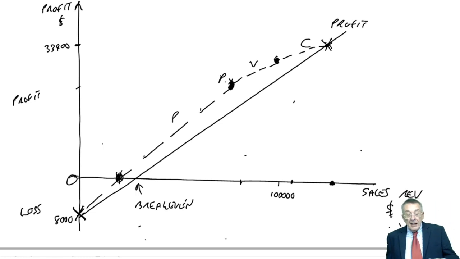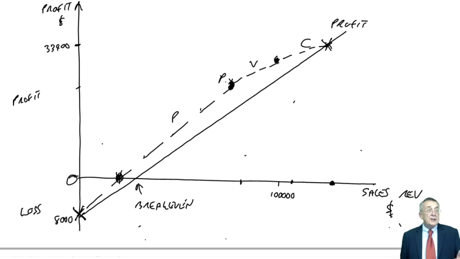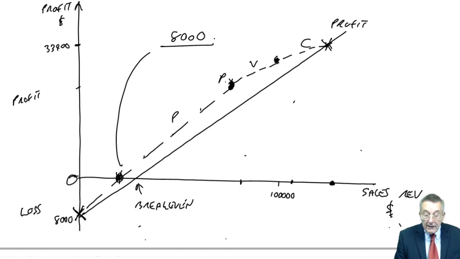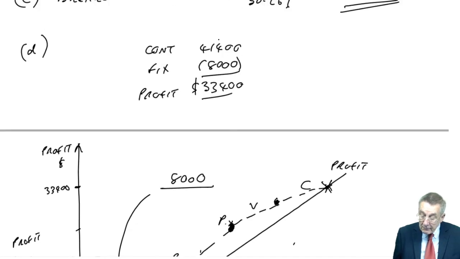Well, think about it. To break even, as always, the contribution needs to equal the fixed overhead, so we need a contribution of 8,000. But since you can see that at the new break-even, we're only selling P, the new break-even will be the fixed overheads, as always, but divided by P's CS ratio.